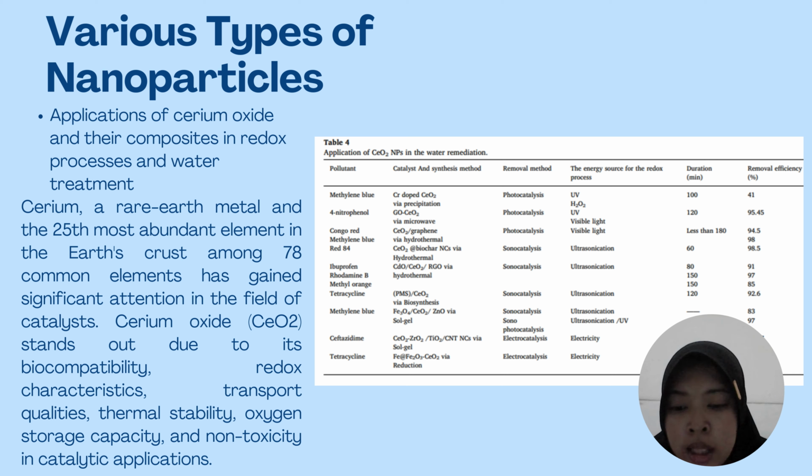Cerium oxide stands out due to its biocompatibility, redox characteristic, transport qualities, thermal stability, oxygen storage capacity, and non-toxicity in catalytic application. It also presents a potential alternative to conventional photocatalysts such as titanium dioxide.